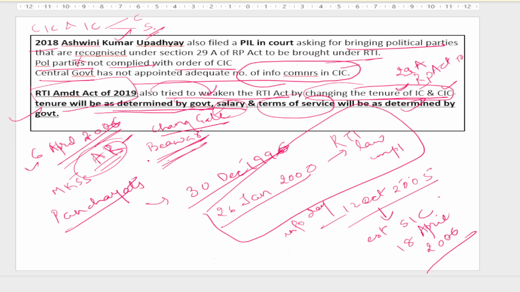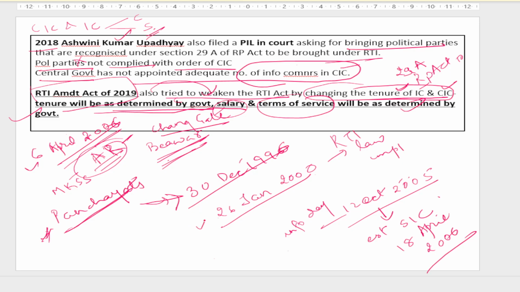Now in Rajasthan, the Right to Information Act was enacted for the first time for panchayats on 30th of December 1996.